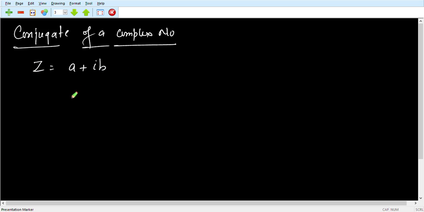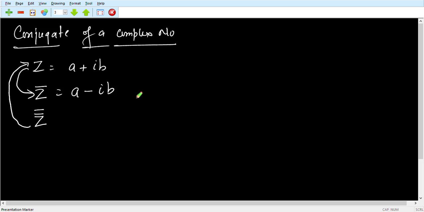So the conjugate is represented by z bar. So z bar is the conjugate of z, and z bar over bar is the conjugate of z bar. So z bar, the conjugate of z, will be equal to a minus iota b.